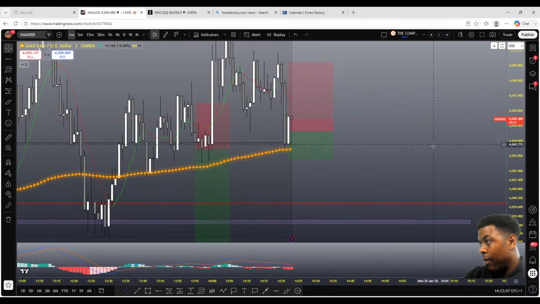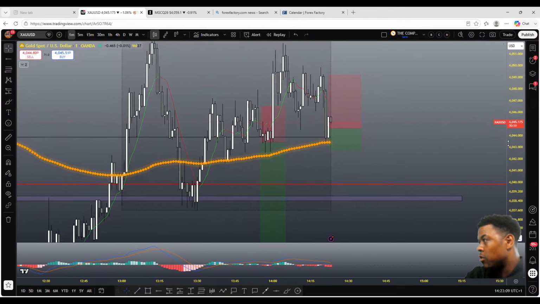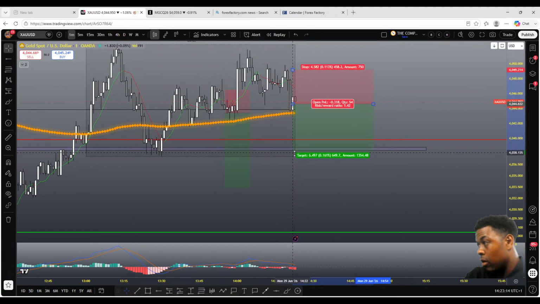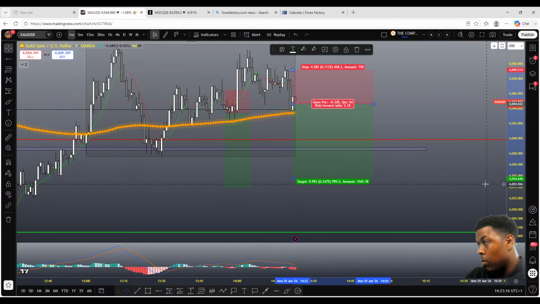And if it closes above our entry line, then yeah, price is just moving choppy for today. We're not going to get that movement that we're after. So let's see how this plays out.